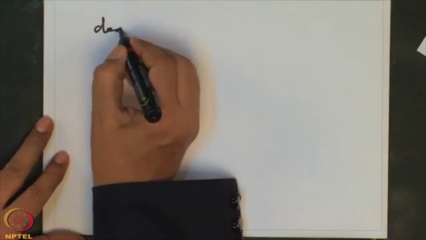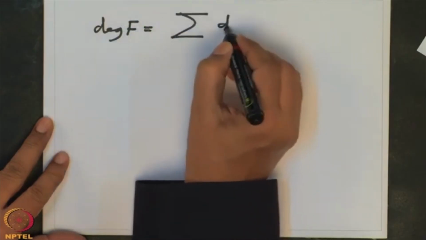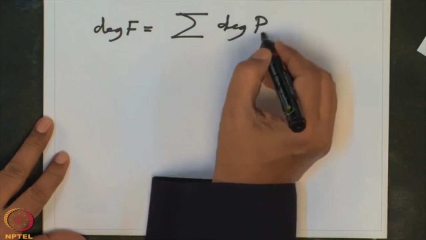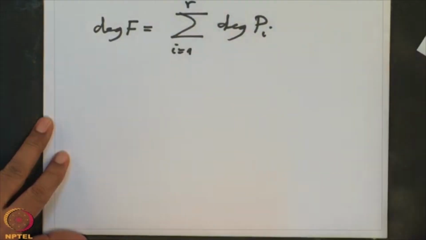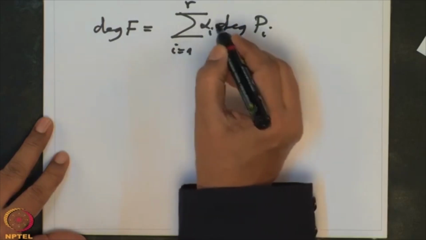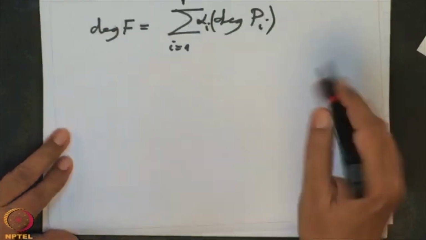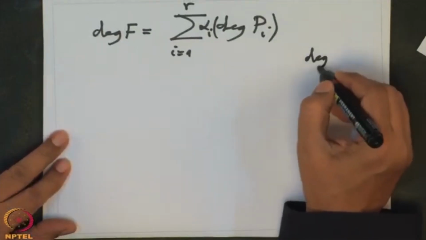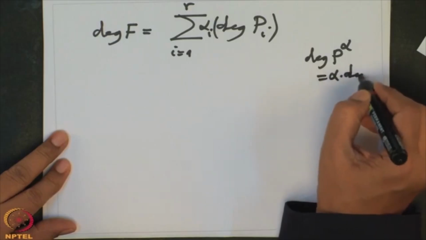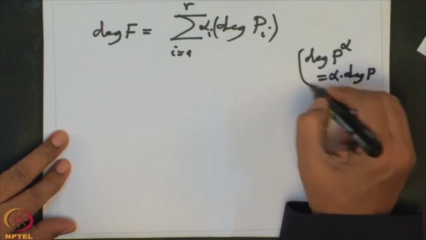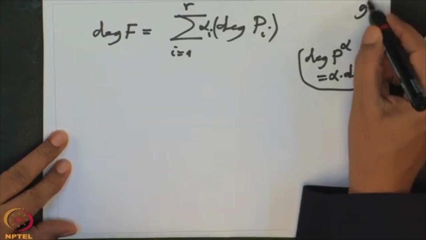So the degree of f will be equal to the sum of the degrees of the P_i, i from 1 to r, and you have to multiply by alpha i, because the degree of P power alpha in general is equal to alpha times degree P. And then the degree of the product, you apply repeatedly, that will give this formula.